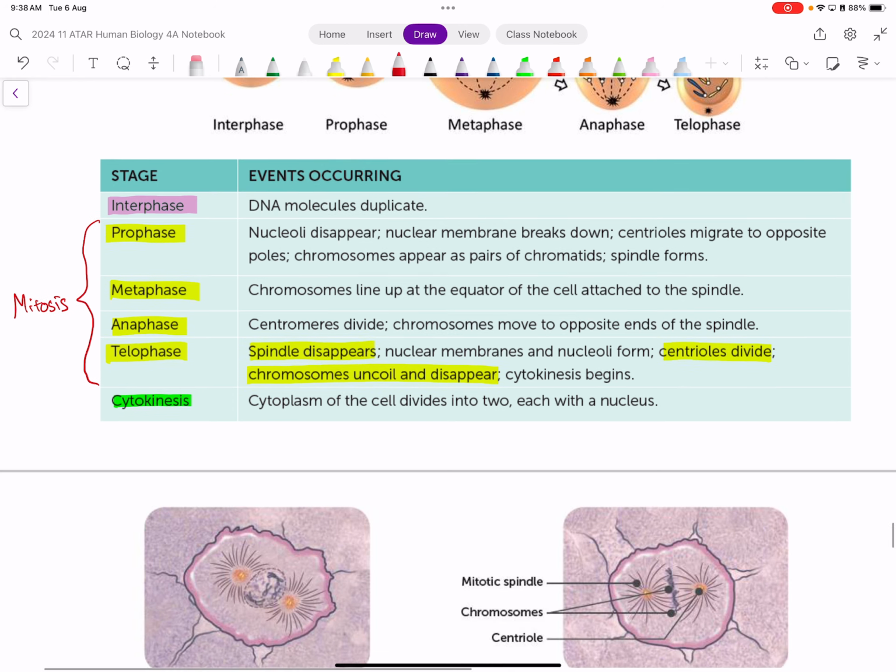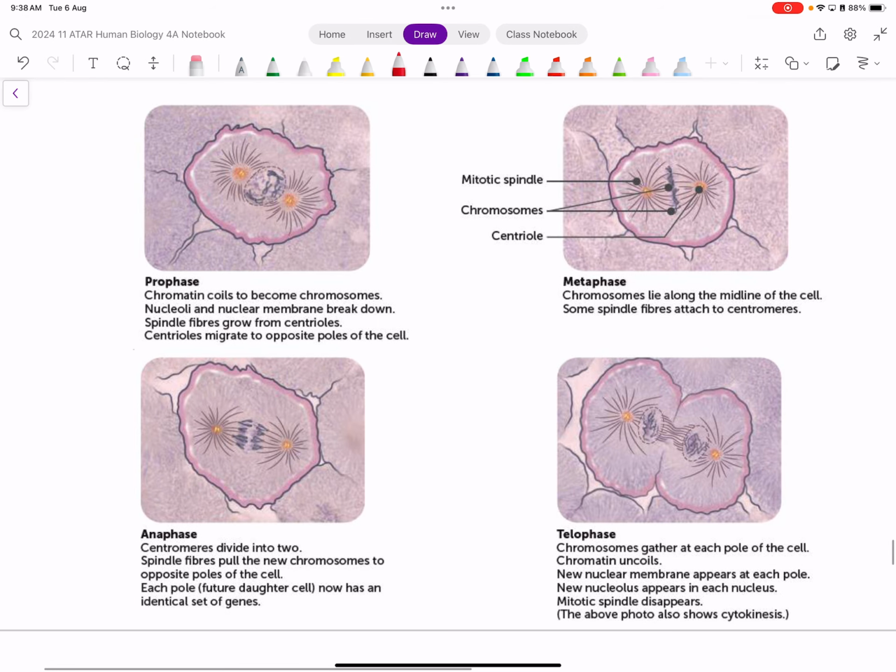So looking down now, here is a real life example of a cell. Now this isn't actually a real life example, it's just a really good diagram. And the reason that I like this diagram is because it shows really clearly what a centriole kind of looks like, and it shows really clearly those spindle fibers coming out.